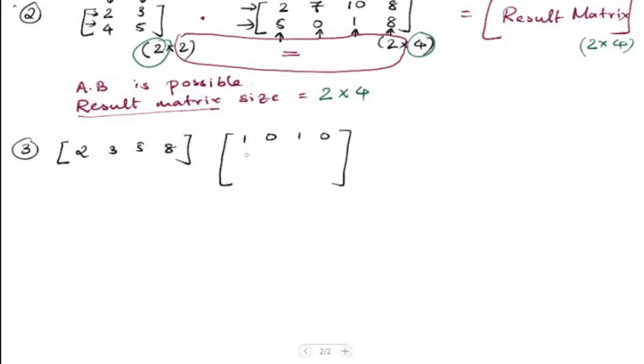And then we have here 2, 2, 2, 1, 3, 5, 8, 6 here, and 9, 2, 0, 1.